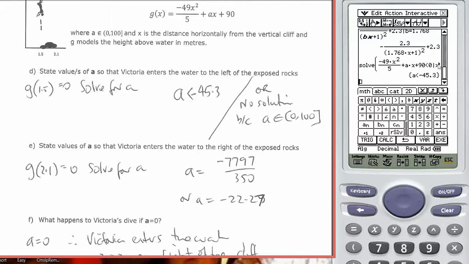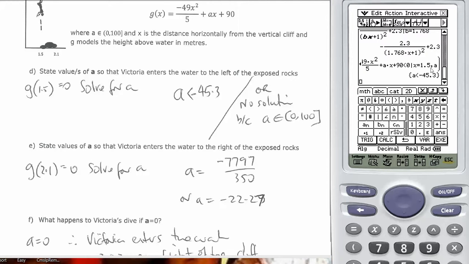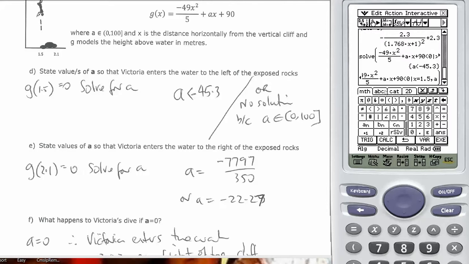State the values of a so that Victoria enters the water to the right of the exposed rocks. Okay, so to find out the value of a for it to be to the right of the exposed rocks, then I actually want to make that 2.1. I'll copy all of that, put it into a new line, make that 2.1. And this time I want this to be bigger than 0, because at 2.1 I actually want Victoria to be above so that she actually enters to the right.